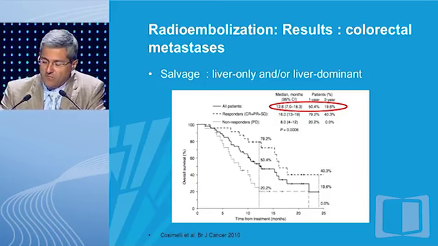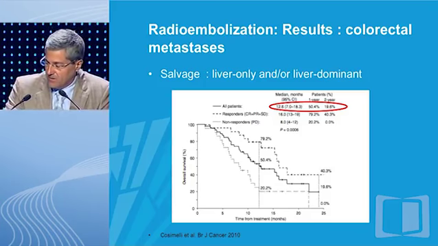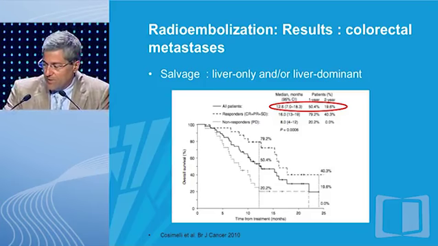What about survival? Well, there are several prospective studies showing that there may be a survival benefit in these patients, all refractory to the conventional chemotherapeutic lines, but with liver-only disease.